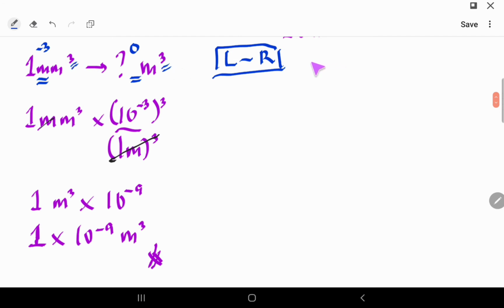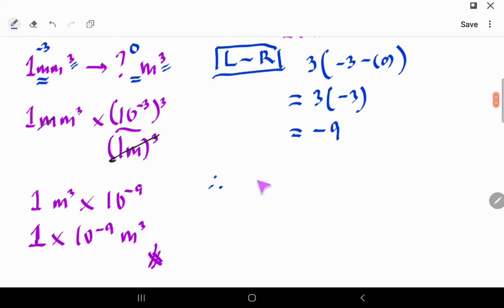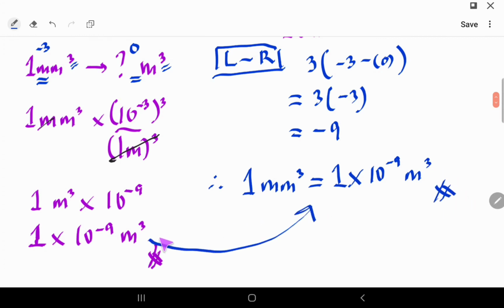So the index number 3 is multiplied by, at the left side, just negative 3, minus, at the right side, just 0. Giving you 3 times negative 3, giving you negative 9, so the answer is 1 millimeter cube equals 1 times 10 to the power of negative 9 meter cube. So the answer is still the same. So this is the way.